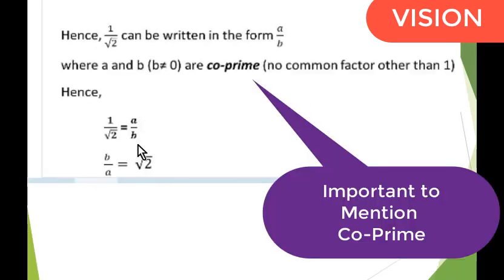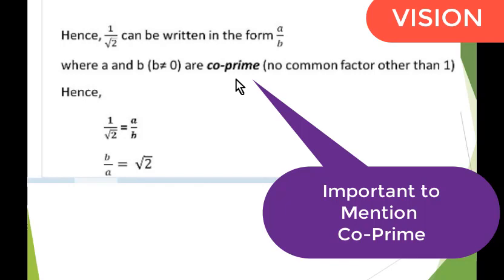Here step 2 is manipulation. After assuming 1 by root 2 equal to a by b, the manipulation is b by a equal to root 2. Before that, we definitely have to mention a and b are co-prime. This is a very important thing.